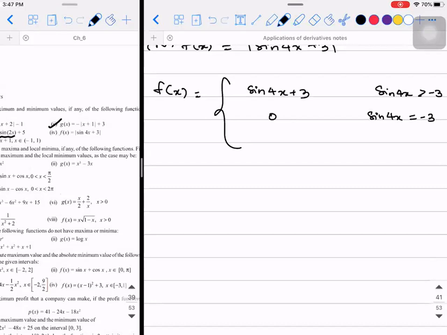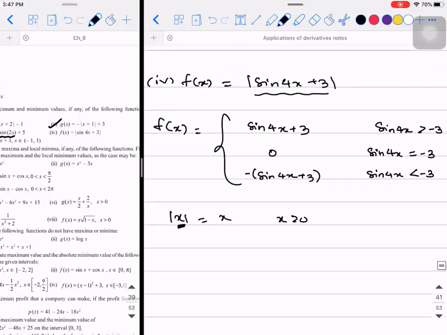Similarly, it will be minus of sine of 4x plus 3 when sine 4x is less than minus 3. You understood what I did, right? So mod x is equal to x when x is greater than 0. So inside the modulus, sine of 4x plus 3 is greater than 0, so sine of 4x is greater than minus 3; sine of 4x is equal to minus 3; sine of 4x is less than minus 3. Okay. So I have written it like that.